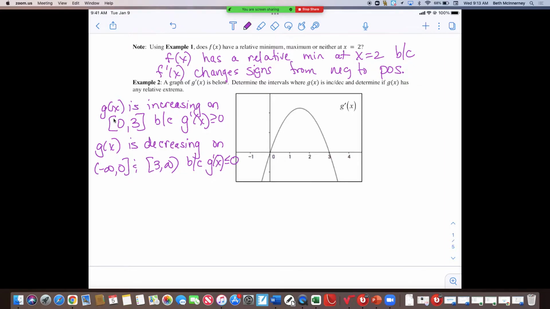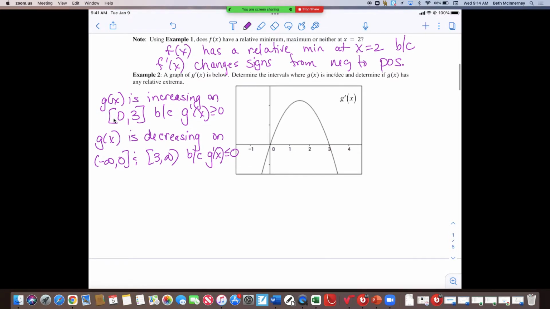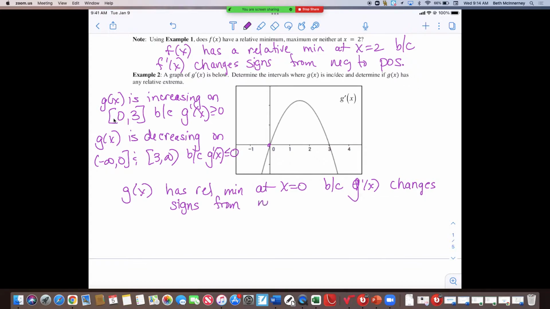All right, Jack T, are there any extrema? Can you give me one of them? Yep, okay. At x equals 0, there's a relative minimum because g prime of x changes signs from negative to positive.